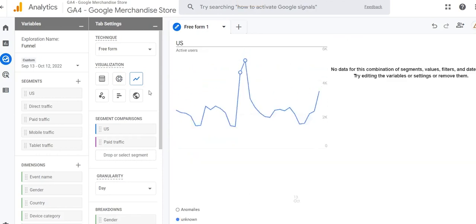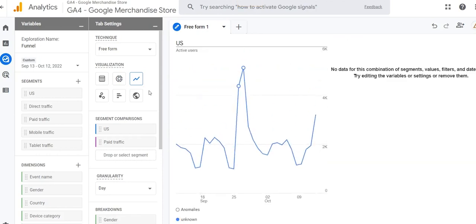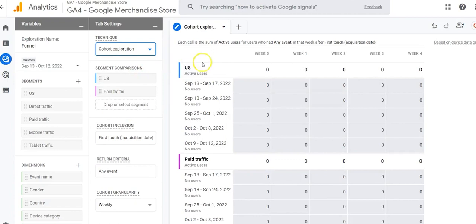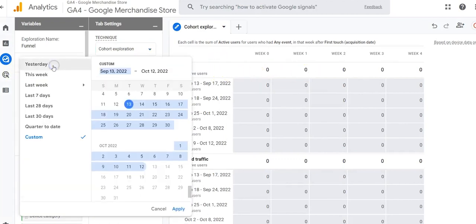These are the ways in which you can parse out the data based on what you want to try to understand. Know that there's no simple, quick, easy fix. You do have to play around with it to get a handle on it. So with that, I encourage you to get in here, try all these different explorations, look at cohort exploration to understand how US active users work. Make sure you have enough time frame set up so that you can actually see some data.